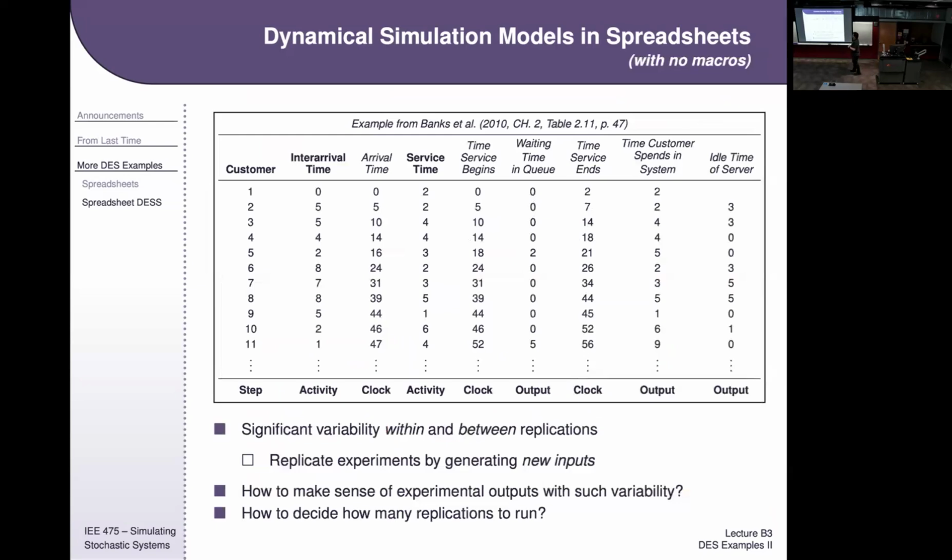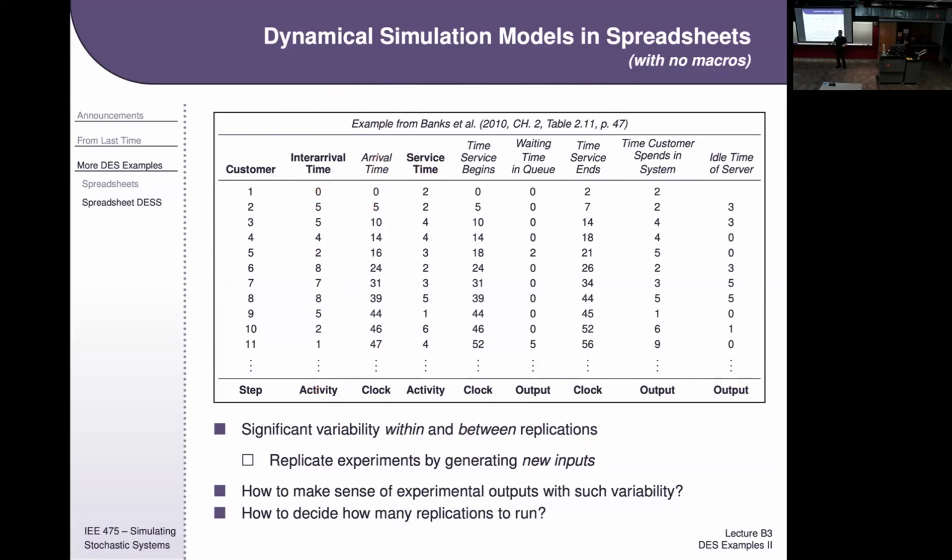Okay, great. So now, regardless of how you do it, there is significant variability within and between replications. So we have to generate new experiments. If you rerun this same simulation with the same inter-arrival times and the same service times, you'll get exactly the same output. The way we're going to generate variability is by generating new random numbers for inter-arrival time and service time.